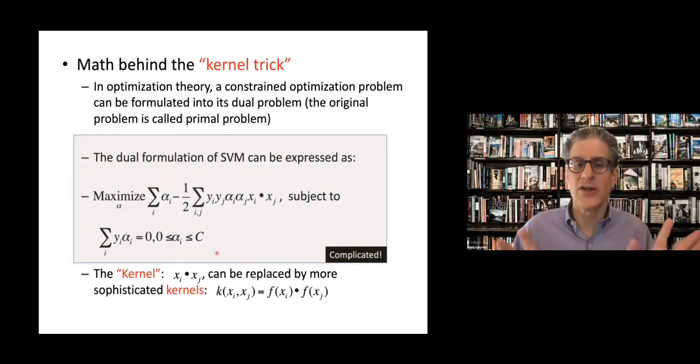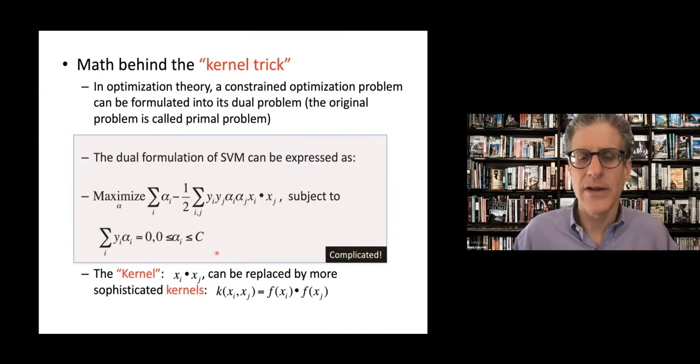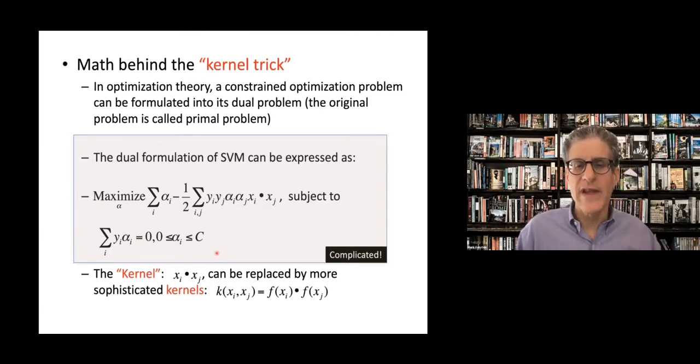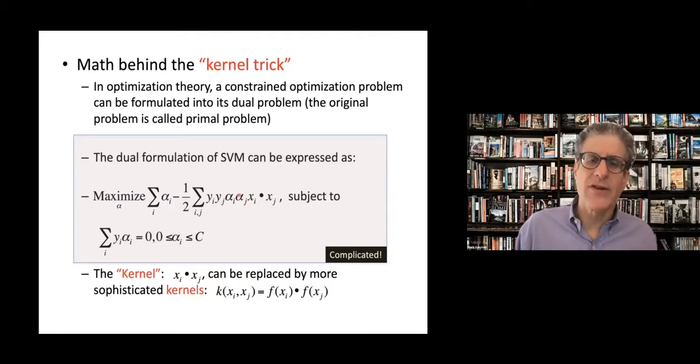Now, I'm not going to describe the math behind what's called the kernel trick. The important idea is that they have some way of taking the vectors and constructing this kind of dual problem with the vectors.